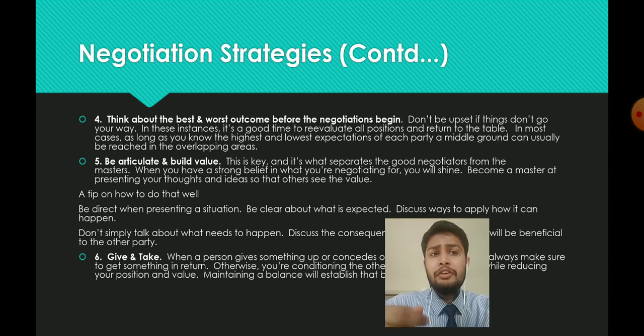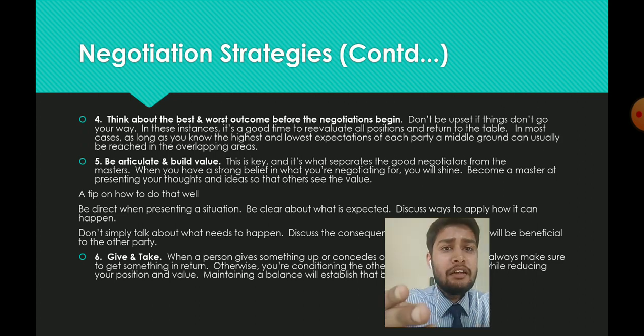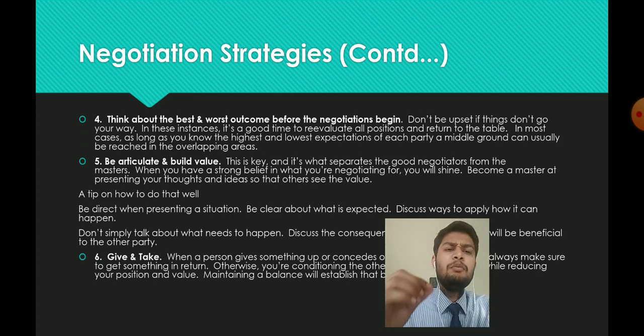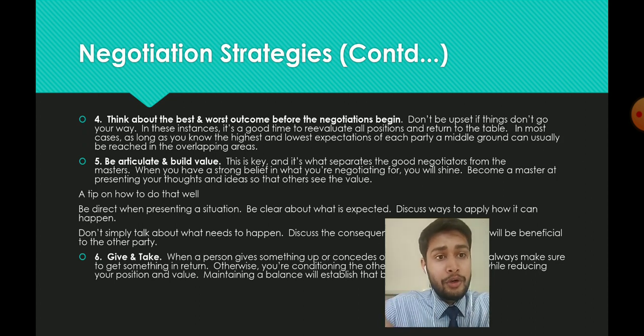Unless you believe that this is a genuine product, you can't sell it. This is also valid for negotiation strategy. You are going for a negotiation, so you have to be articulate, build value, and believe that what I'm doing is good. It is not unethical or invalid or wrong. You're doing what is right.